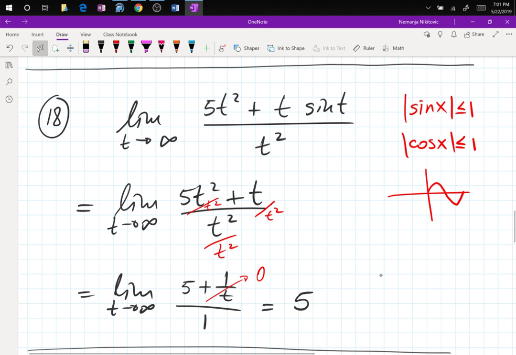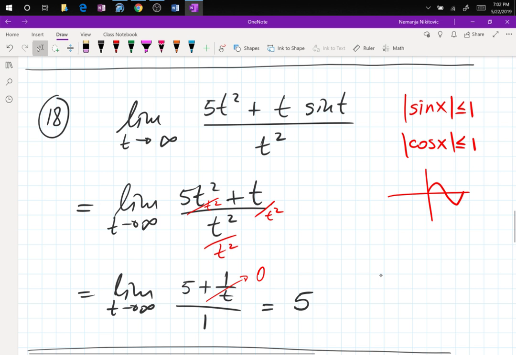So I can replace sine by 1 because sine is divided by something, and that something actually grows. The t squared grows as you move away from 0. And sine t never grows past 1, which is the reason why we are able to replace it. So that rule might be a little bit confusing. I did show you the graph to see that what we had earlier is correct.